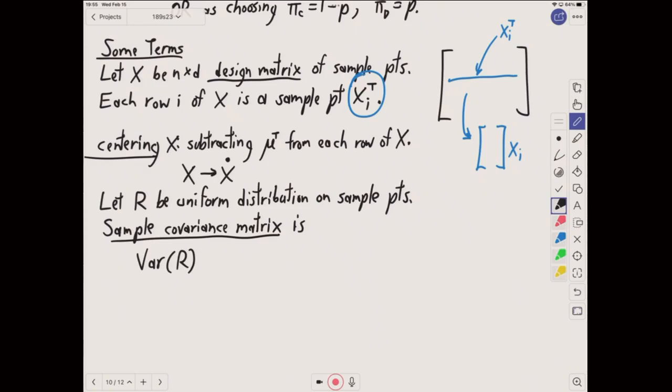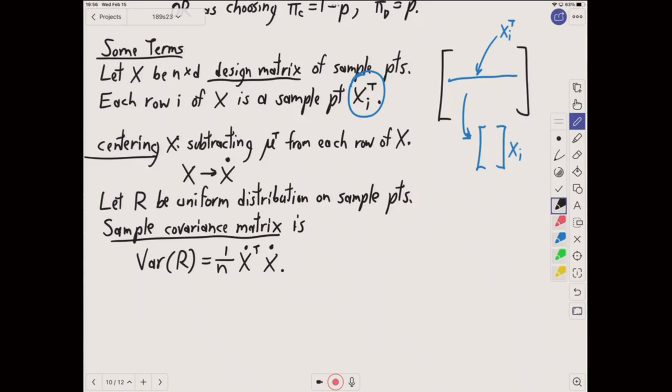So using the definition of covariance matrix that I gave on Monday, we can work that out, and it comes out to this. Just X dot transpose times X dot, and then you divide by n to take an average. And I find this to be the simplest way to remember how to compute, for instance, a covariance matrix for QDA.